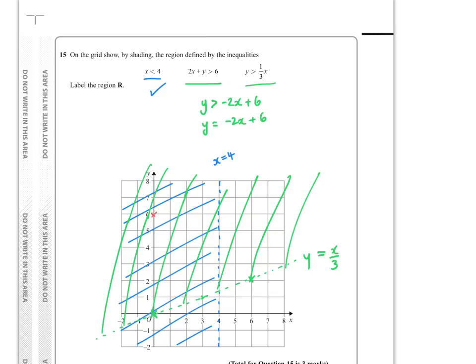And when y is 0, by adding 2x to both sides, we'd have 2x is 6, so x would be 3. So when y is 0, x is 3. So we can now draw this line. I'll give this a good go.